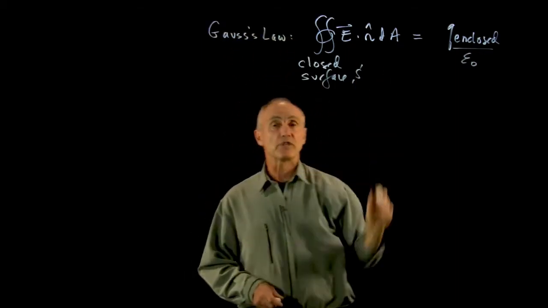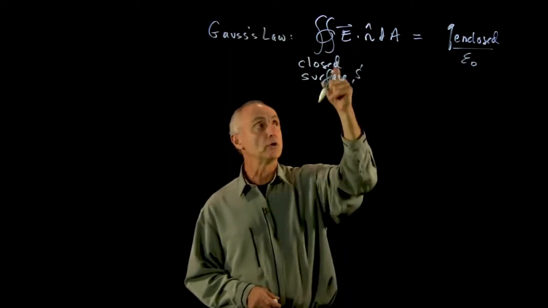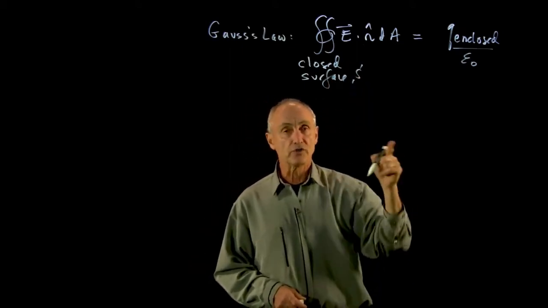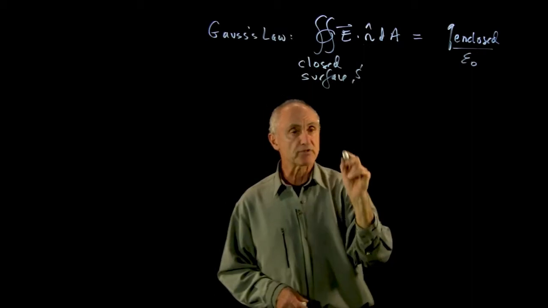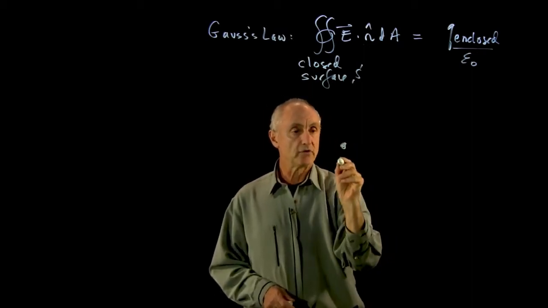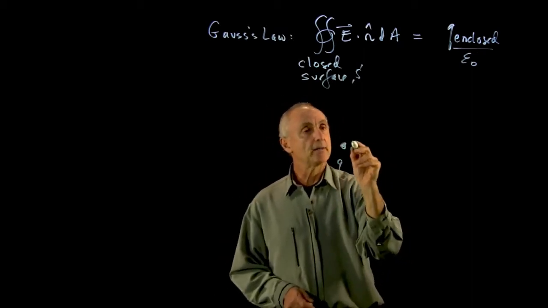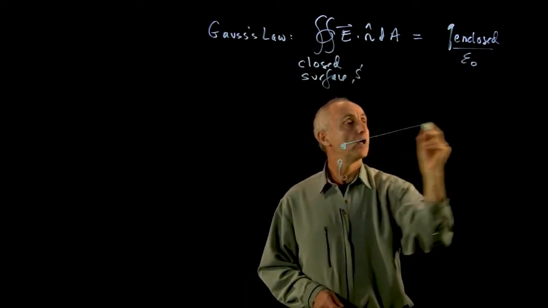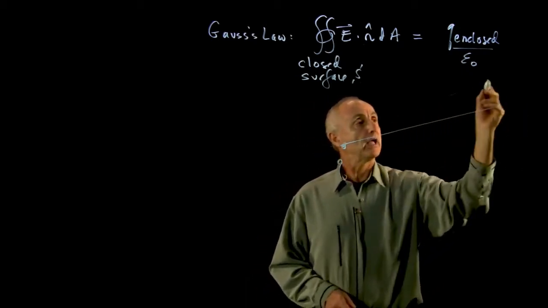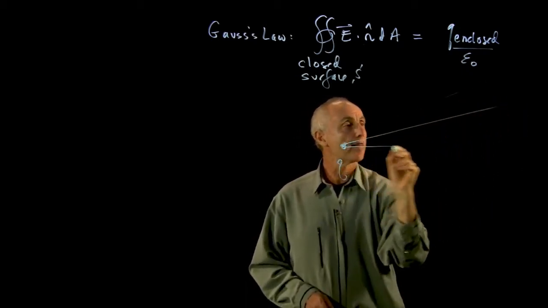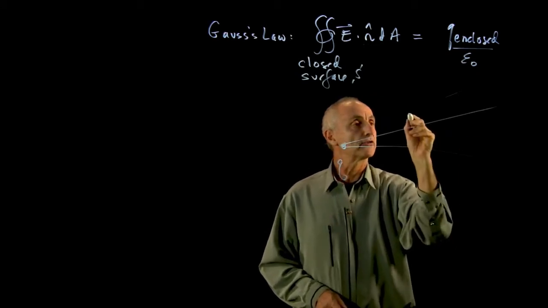Now, in order to prove this theoretically, we've already shown it's true for a single charge in a spherical surface, and our next step is the following. Suppose we have a charge Q, and I'm just going to do a little drawing here. I'm going to create a closed surface that looks like this.